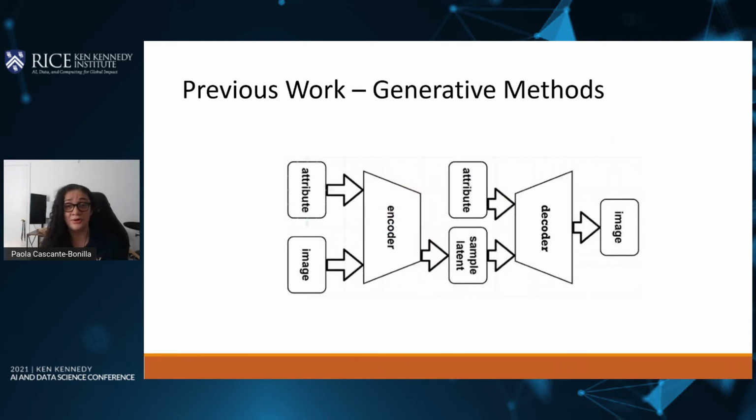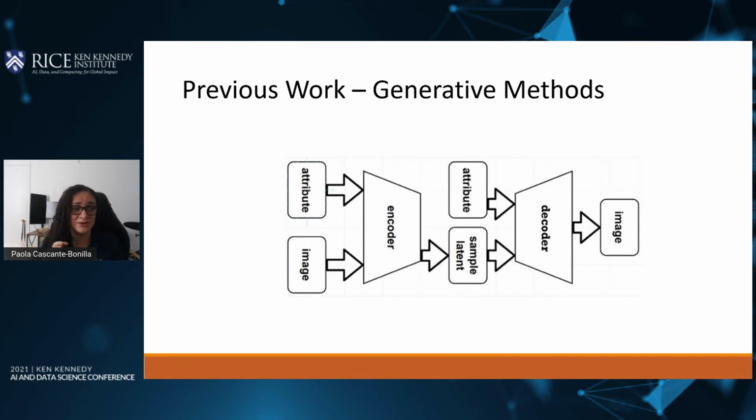Now, other methods have used generative methods, such as variational autoencoders and generative adversarial networks, to generate new images that can then be used along with the seen images to train a classifier.